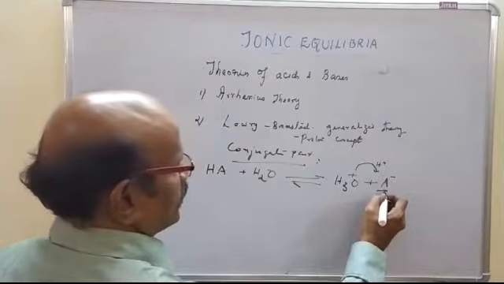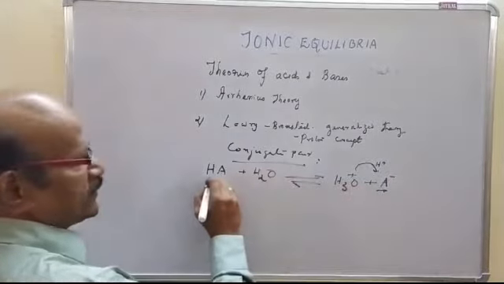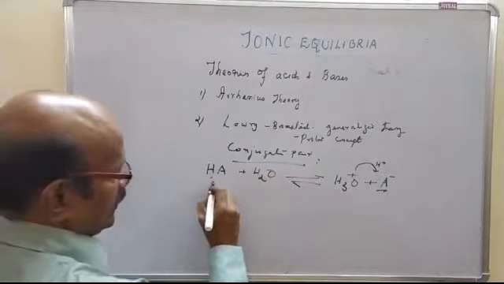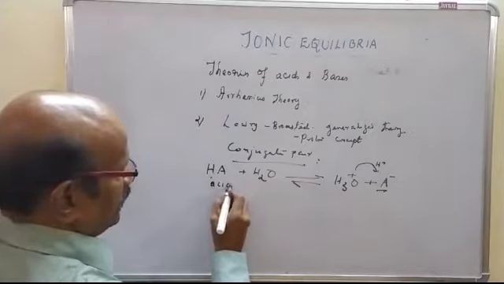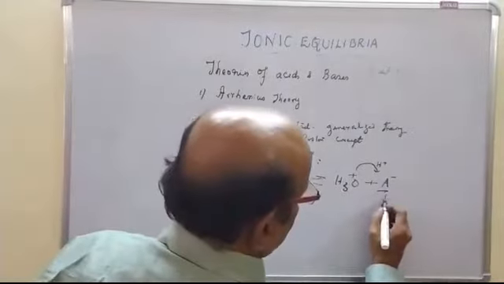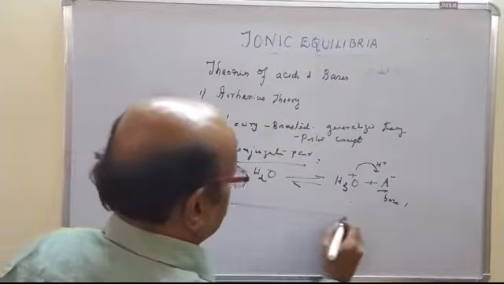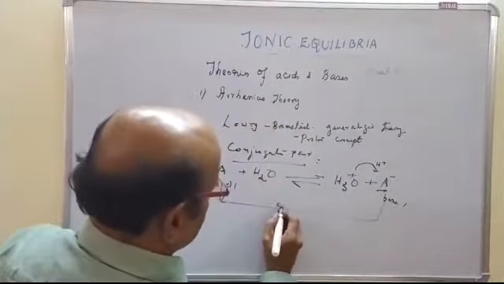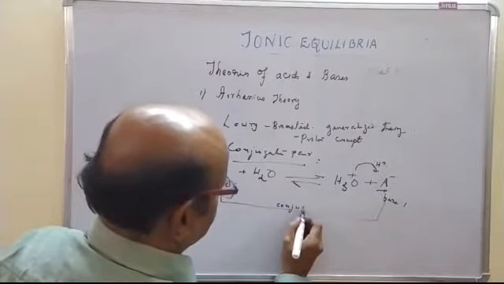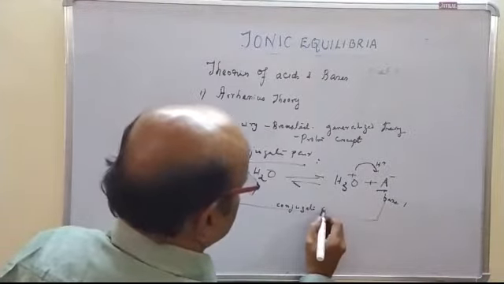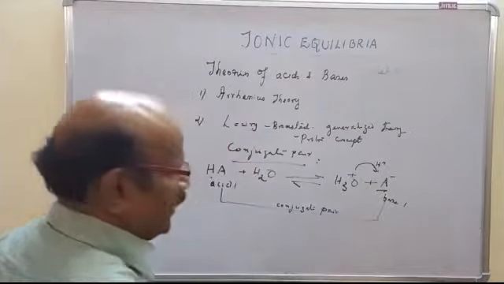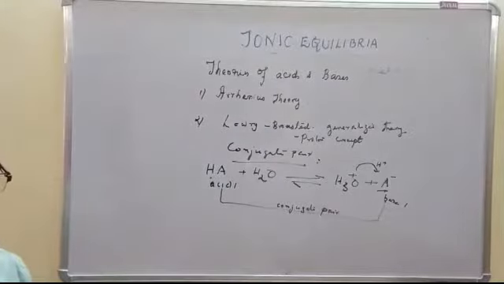So this is called the conjugate base of the acid HA. This is called acid 1 and this is base 1. So they are called a conjugate pair. What is a conjugate pair? It is a pair of an acid and a base.